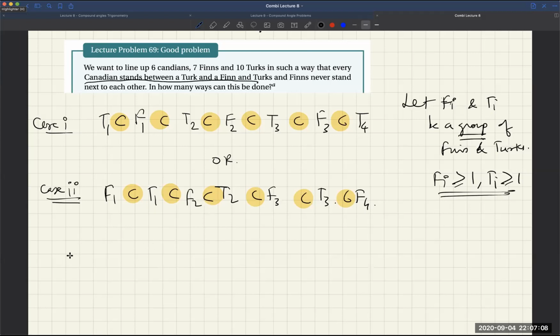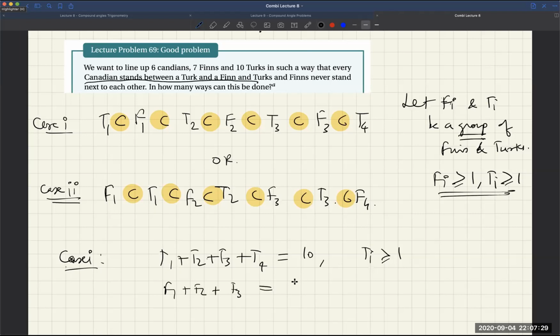So can we say that for case 1, the problem can be formulated like this: T1 plus T2 plus T3 plus T4 is equal to, how many Turks are there total? 10, and Ti is greater than or equal to 1. And F1 plus F2 plus F3 is equal to 7, and Fi's are greater than or equal to 1.